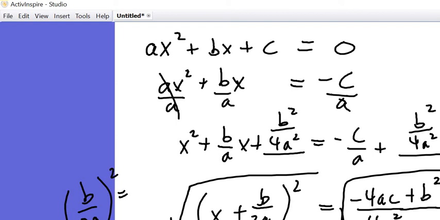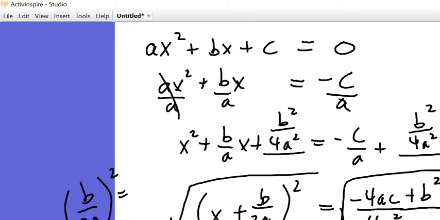Okay, the negative b goes on top, plus minus the square root of b squared minus 4ac over 2a. That's where the formula comes from. The formula comes from solving the standard form quadratic equation by completing the square. Just did it.